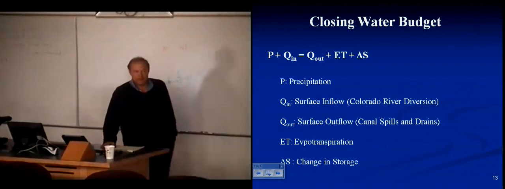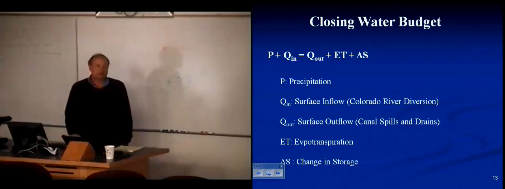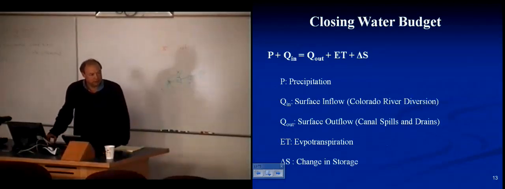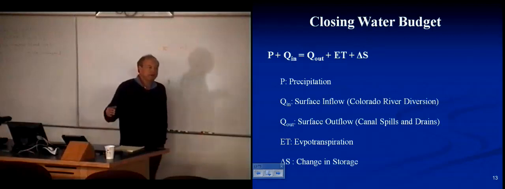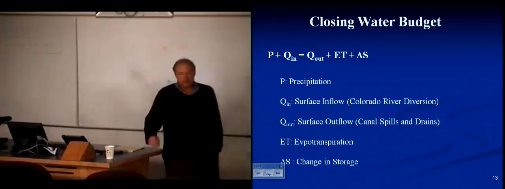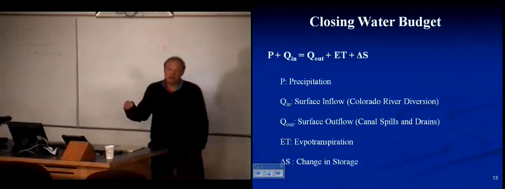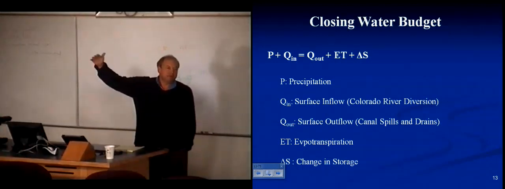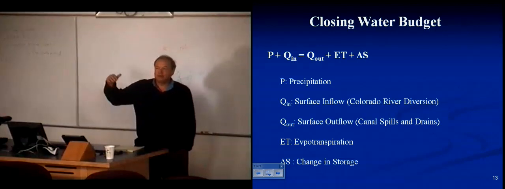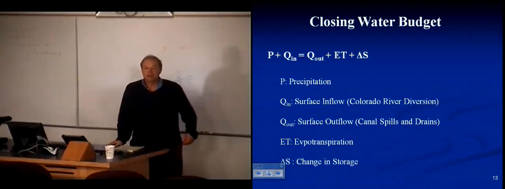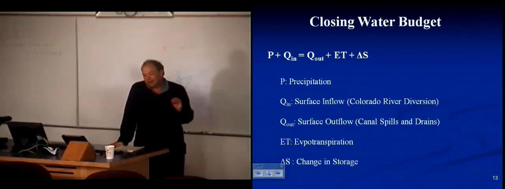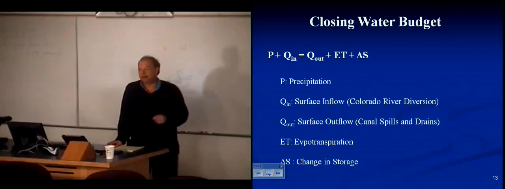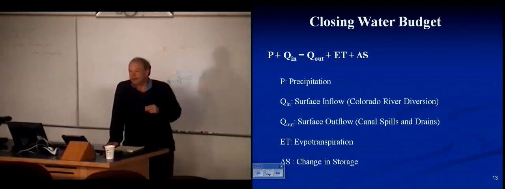What we're studying here, and this is part of Saleh's PhD research, is we're trying to close the water budget on that system, okay? And that system, along with the riparian zone beside it as well. The reason the Bureau of Reclamation, who is funding us, is interested in this is because they would like to divert or release water from the big reservoirs upstream on the Colorado River system.